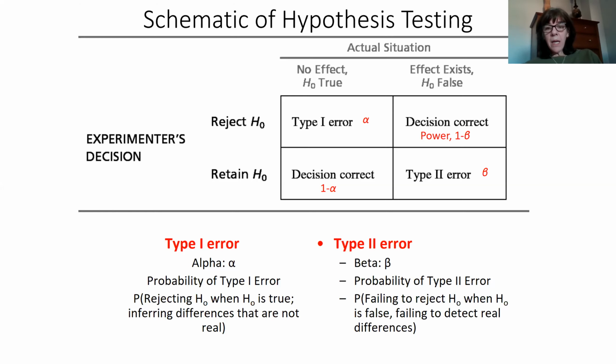Power is 1 minus the type 2 error rate. So if you have, say, which used to be very common in studies, a type 2 error rate of 0.4 or 40%, your power is only 0.6, or you only have a 60% chance of detecting an effect when there is one.